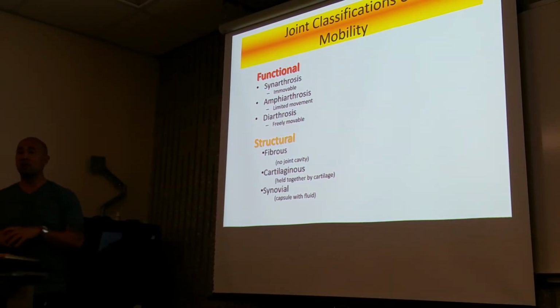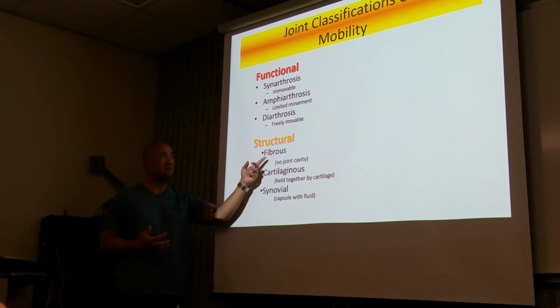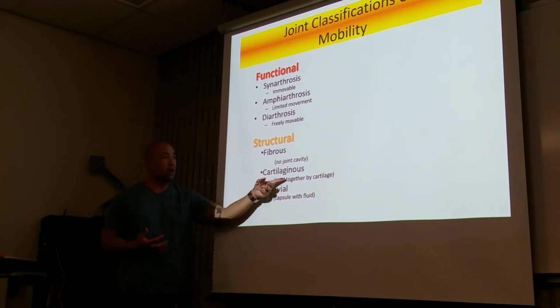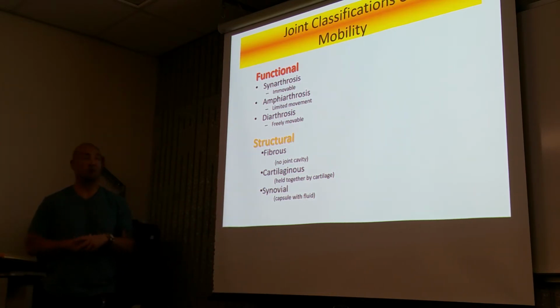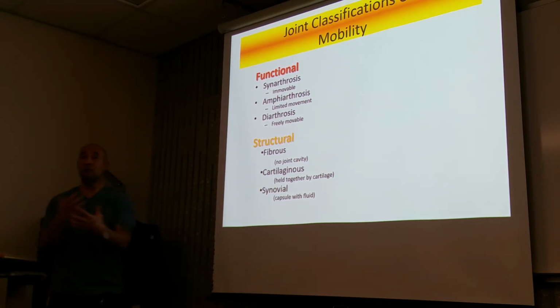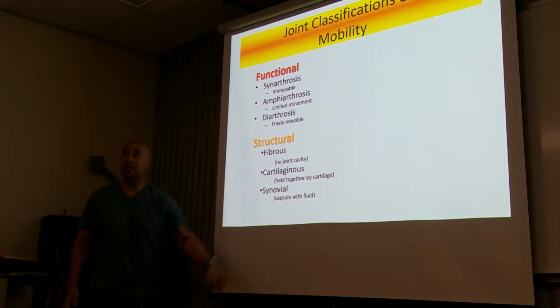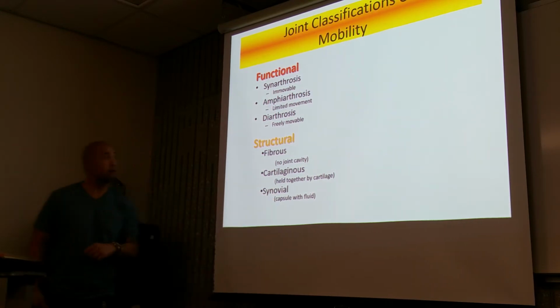Or we can also describe the joint in its structural formation, connected by fiber, cartilage, or a synovial capsule type containing synovial fluid. This is where we're going to find joints that are freely movable, like the shoulder, the knee, and the hip joints.